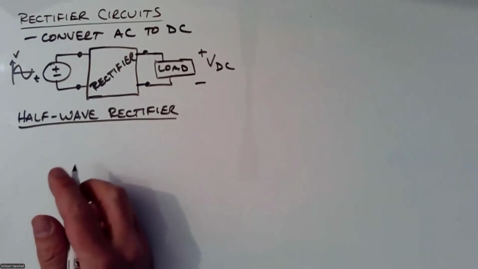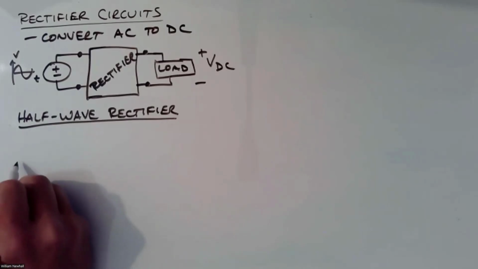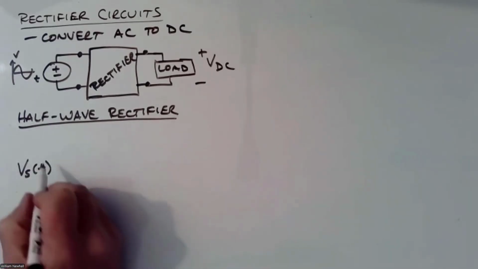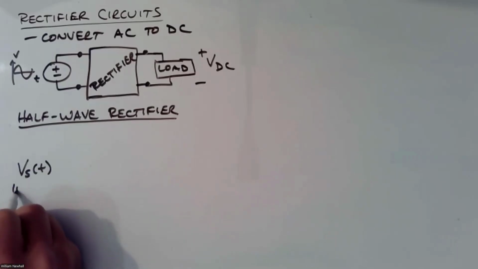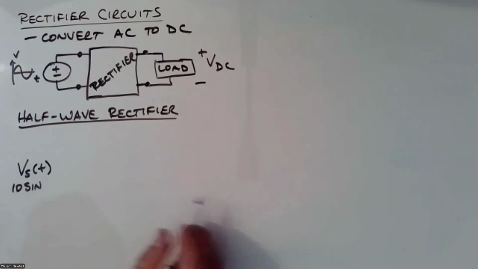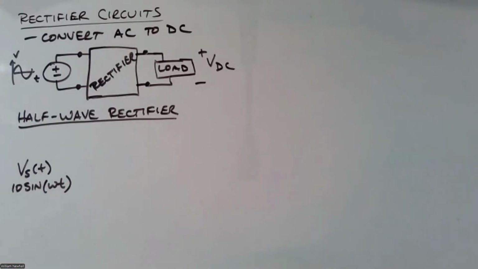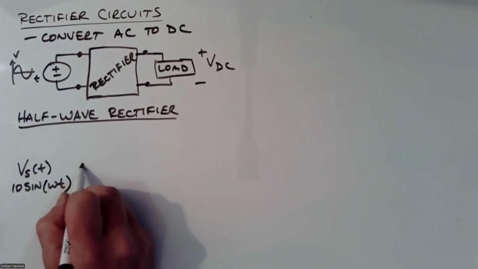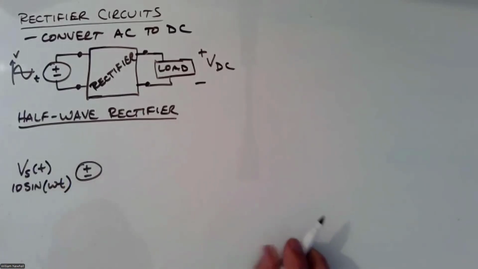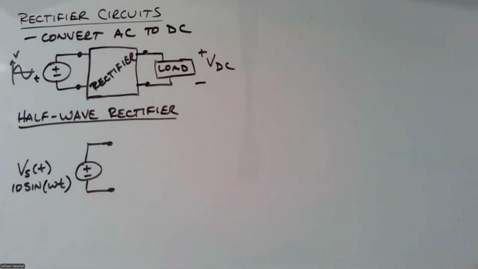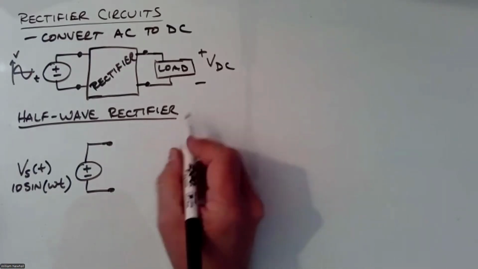Let's use a sinusoidal source, Vs of t, and let's say it's 10 sine omega t. I'm using sine instead of cosine just because it's easier for me to draw in this case. So there's my sine omega t source.